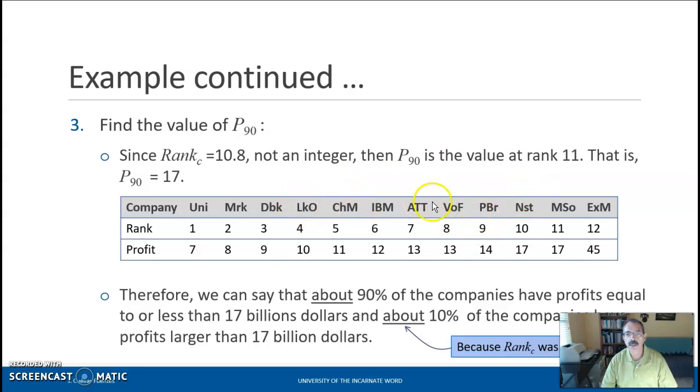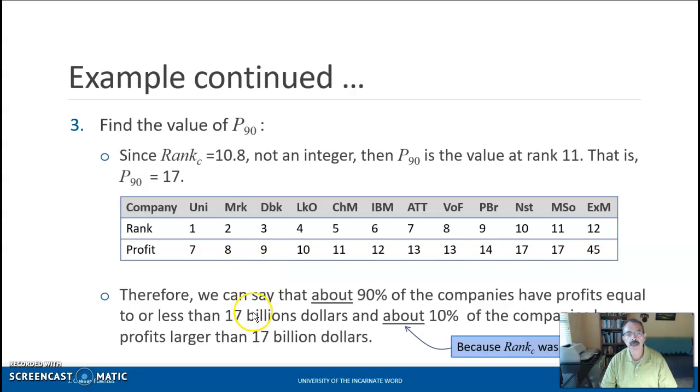Since the rounded up value of the rank is 11, we look through the ranks and find the 11th ranked value, which is 17. So the P90, or the 90th percentile, is $17 billion.